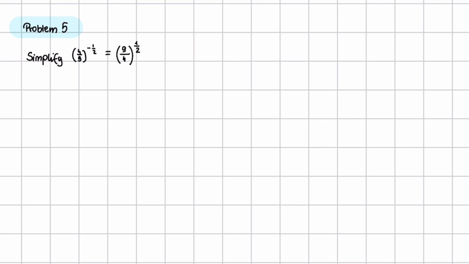And 1 over 2 means that we have to take a square root of our fraction. So it is basically something like this, and we can also rewrite it like this. And we know that square root of 9 is just 3, and square root of 4 is just 2. So this is our final answer.